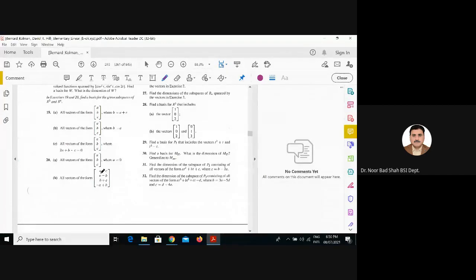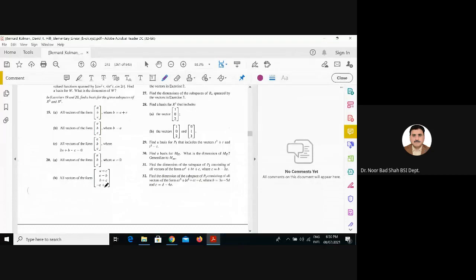In this case, you have A plus C, A minus B, B plus C, minus A plus C. So you would write this in three parts, so we have three vectors, and then you would check whether those three vectors are dependent or independent.